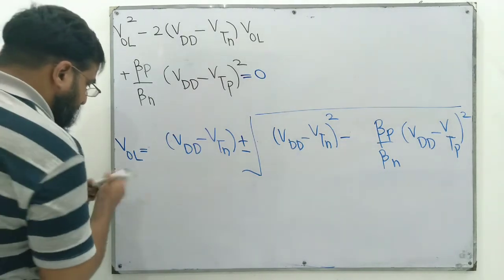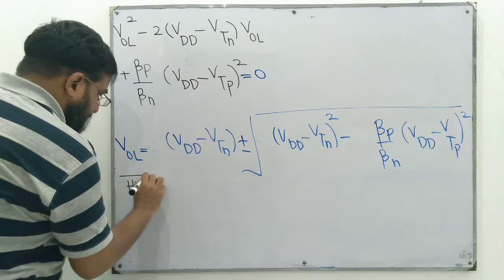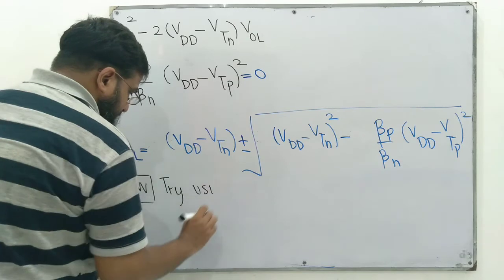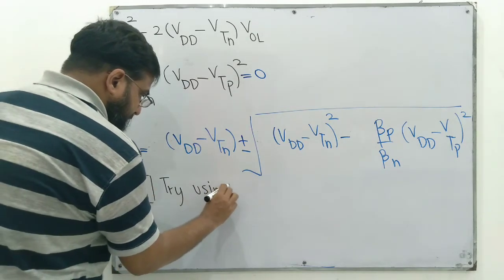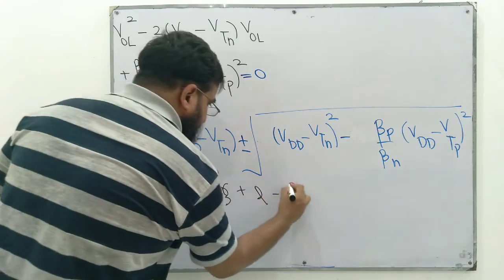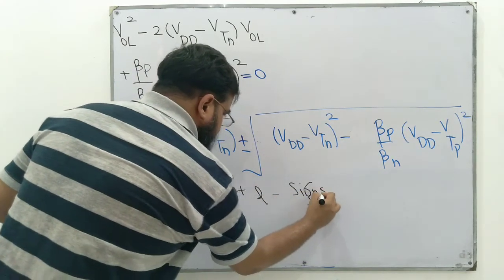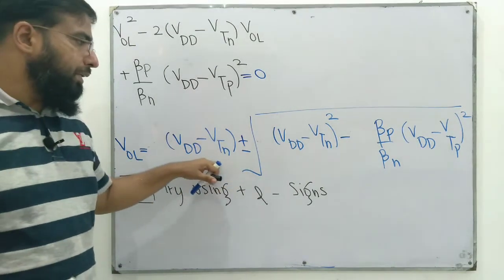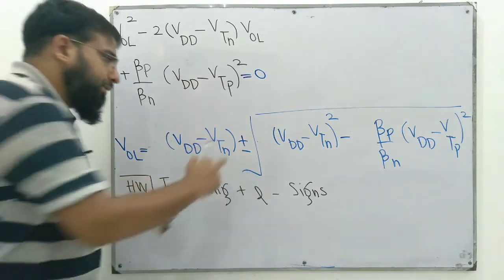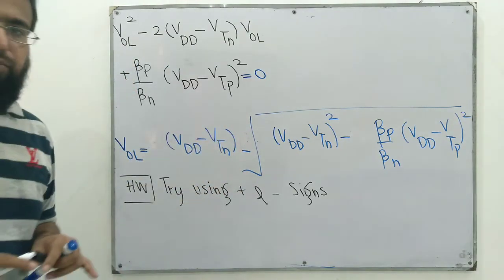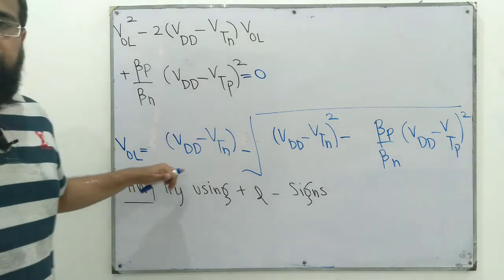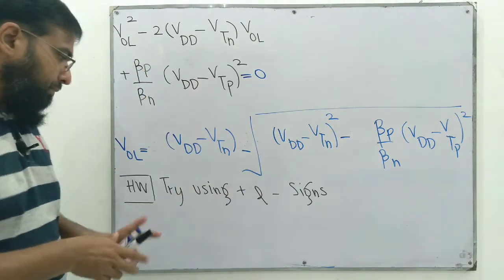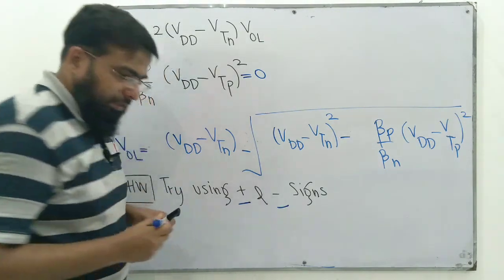It's homework for students to try both plus and minus signs, and you will reach a conclusion finally that the realistic, correct answer is obtained by keeping this minus and deleting this plus. So only one option generates the correct answer, and that is the minus sign, but you can try at home with plus and minus signs.